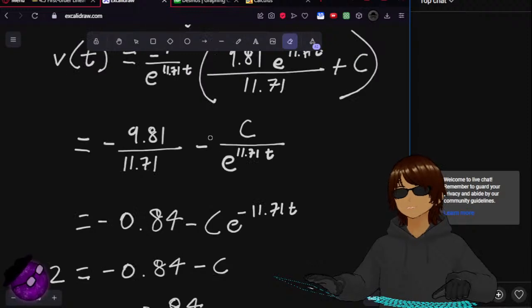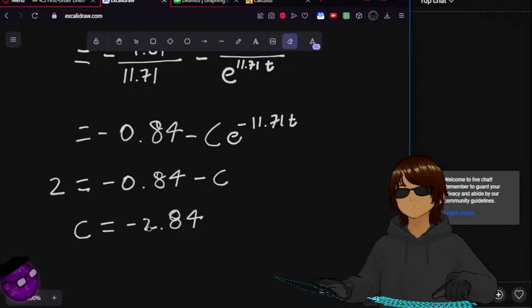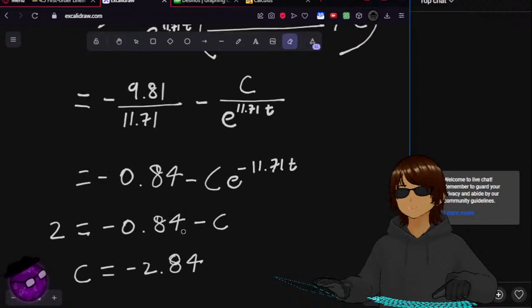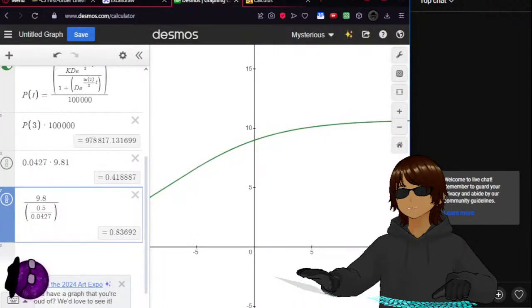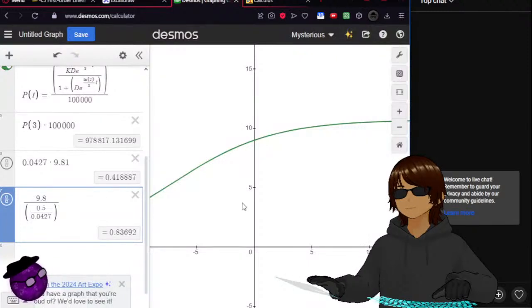If this were to be plus C, C would have been 2.84. Hold on a minute.